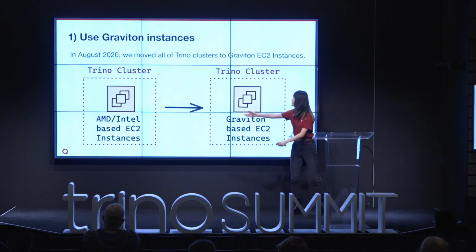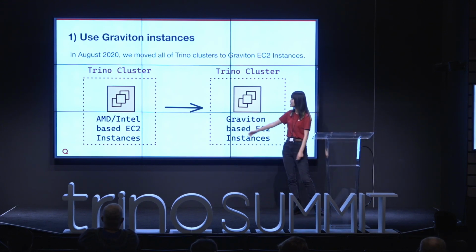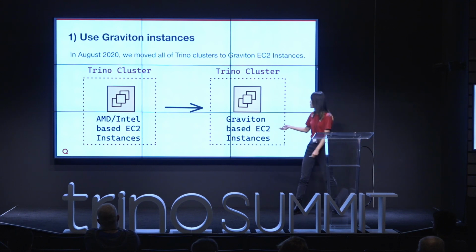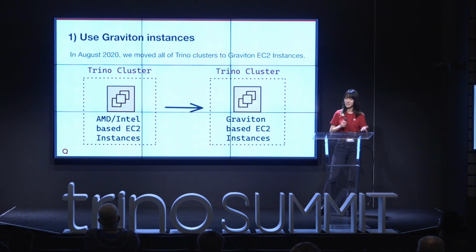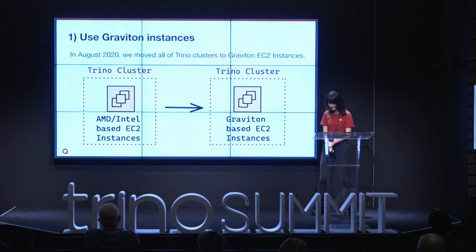We were using AMD and Intel-based instances, but now most of our instances are on Graviton. This migration was easy in our case, as we just needed to switch to a compatible JDK, and Trino just ran normally.